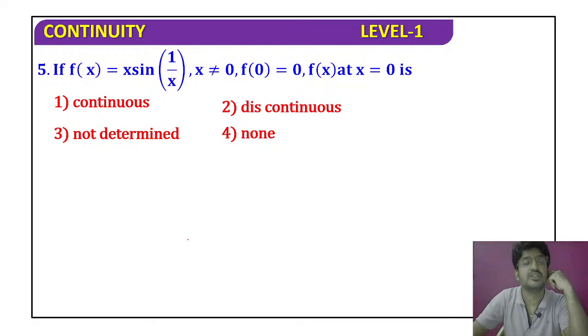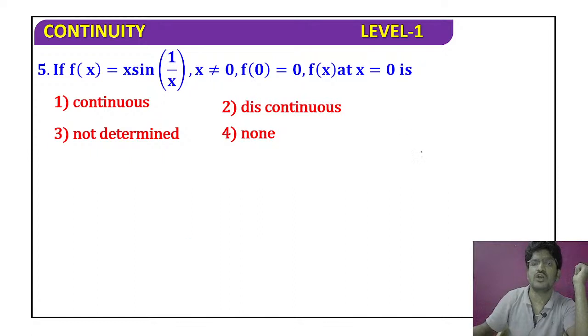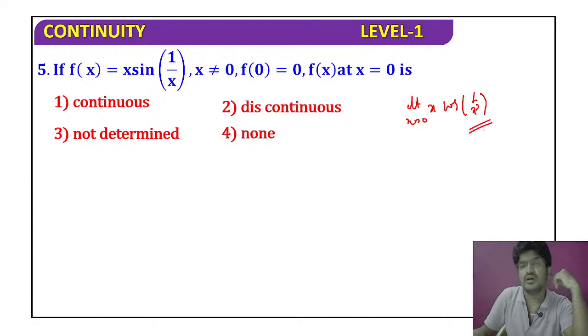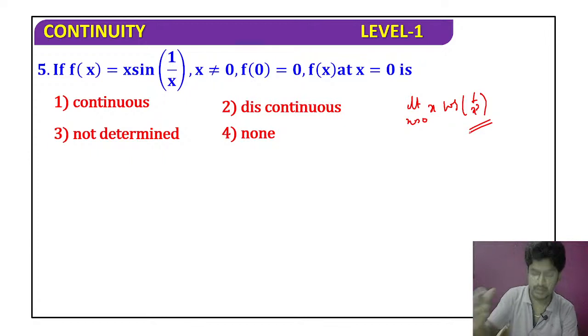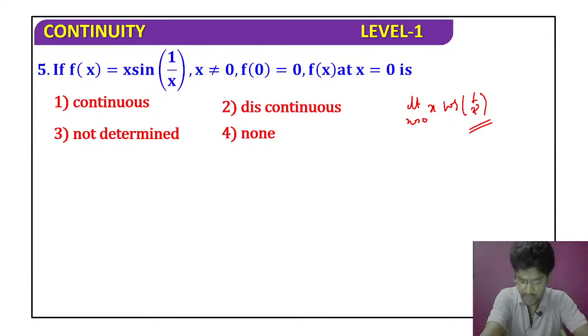Already we have solved one problem of this type, that is limit x tending to 0 x into cos of 1 by x square. I think in the second or third problem we have solved this type of problem and I have explained it. So quickly tell me what is the answer for this particular problem, which option is right.